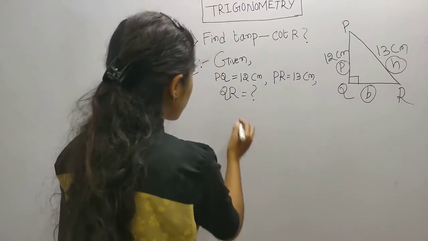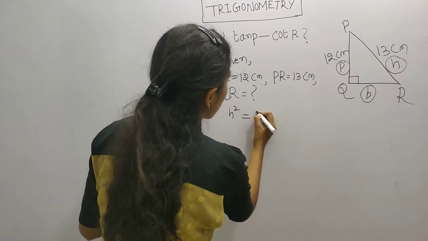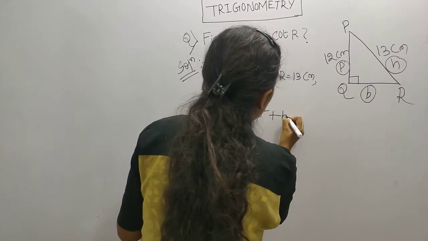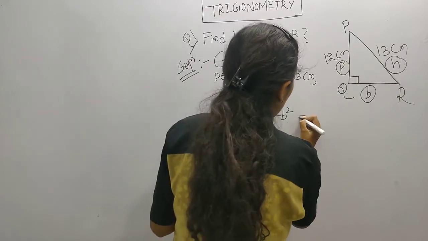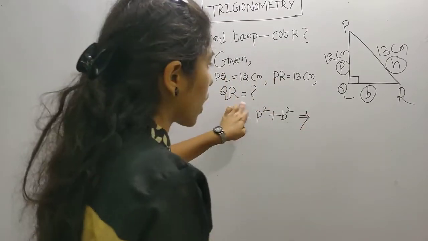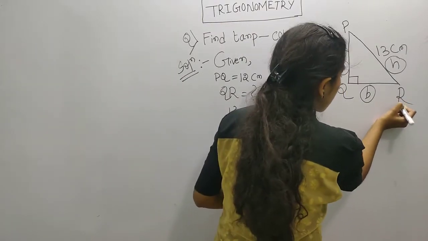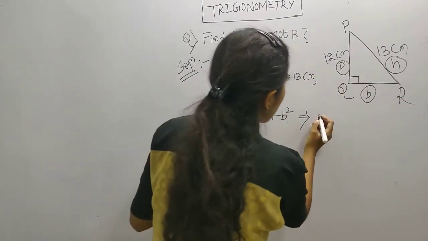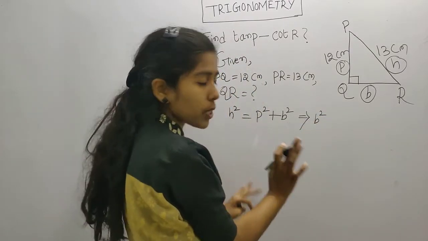First of all, let's write the formula. We already know from Pythagoras theorem, h square equals p square plus b square, right? Now our question is QR. It means QR is the base. So base is missing here. So what will be b square?